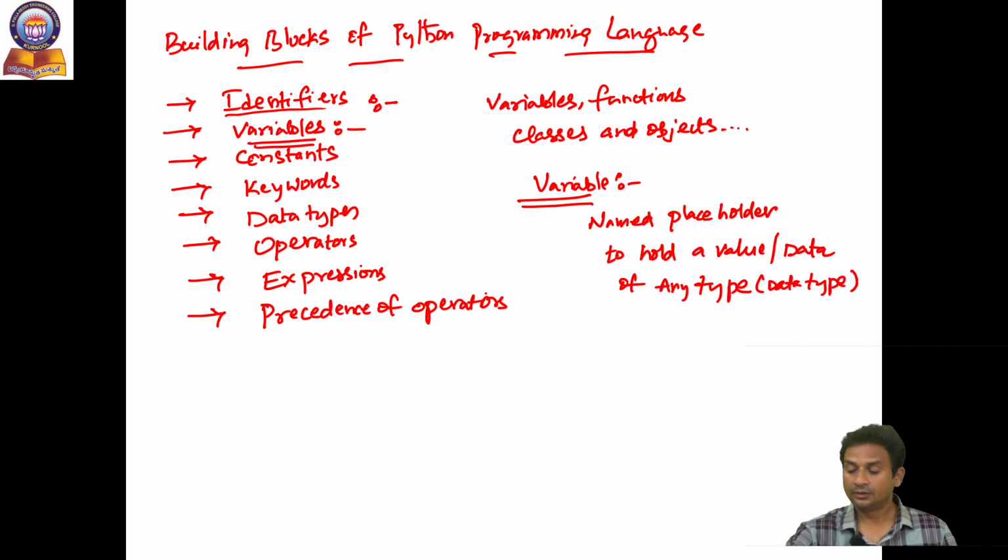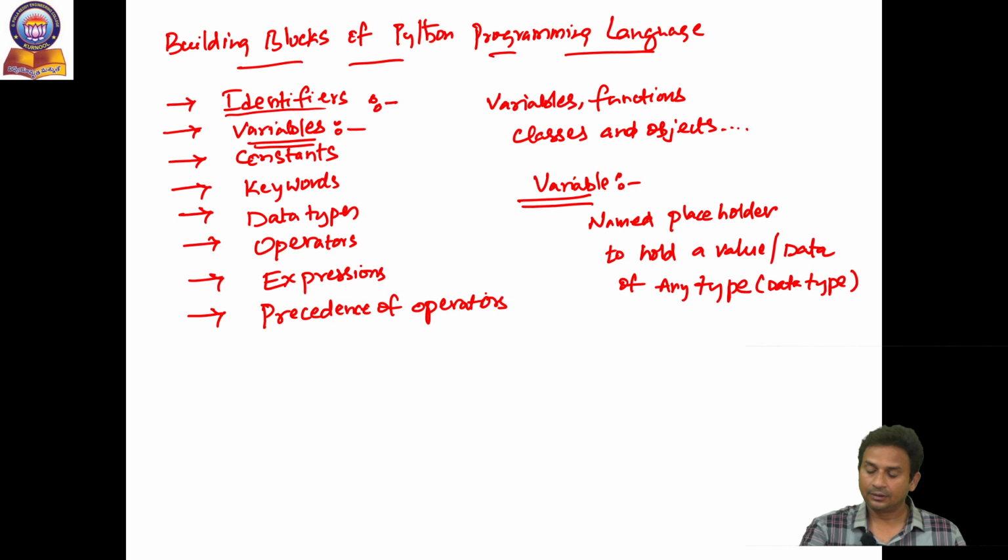Right. See, the data can be numbers, whole numbers like integers. The data can be a real number, with both integer part and fractional part. Data can be alphabets. Data can be characters like that. So the variable is a named placeholder which is used to hold the data. During the course of execution of a program, the value that is stored in the variable may change or may not change.